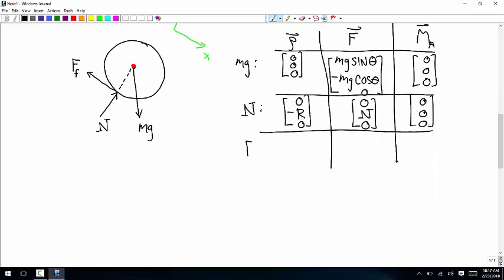And then the friction force, that's at the same location, so it has the same rho vector. But that force is in the negative x direction, so negative FF, 0, 0. And the moment is 0, 0, negative r FF.